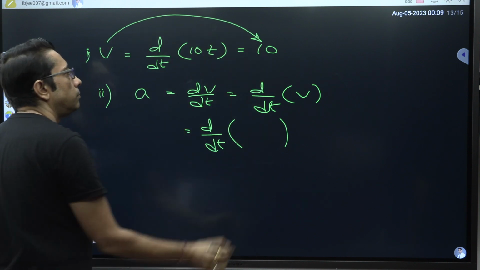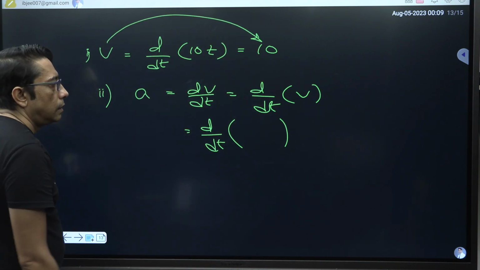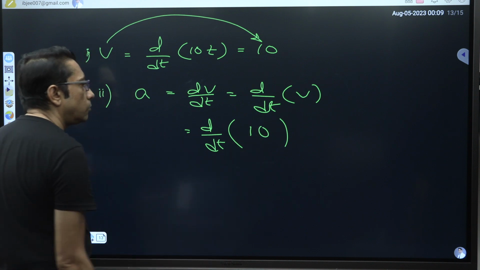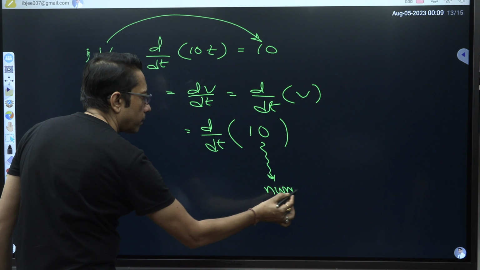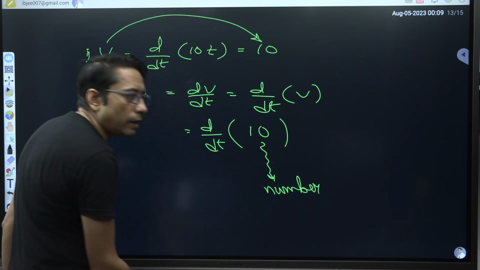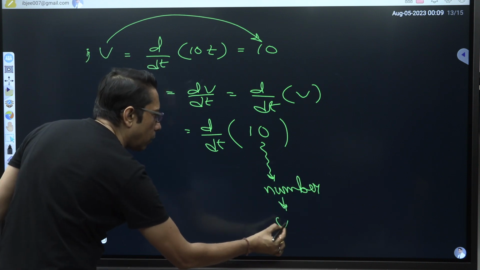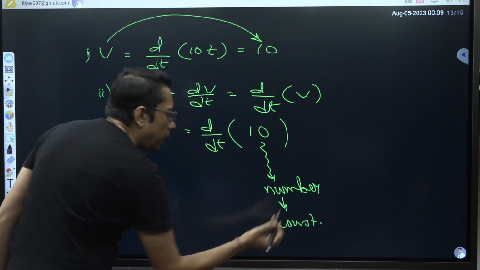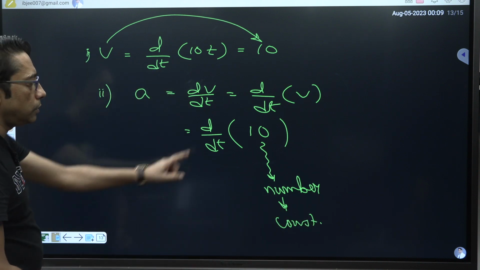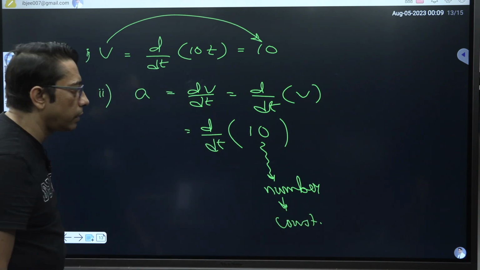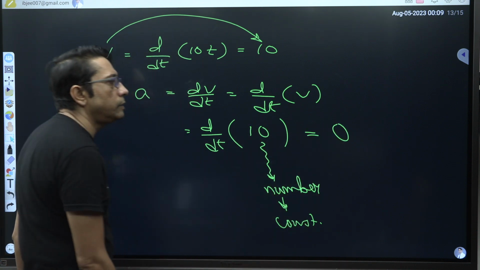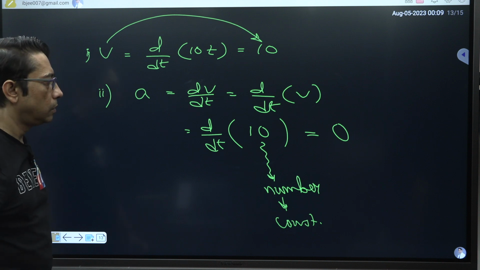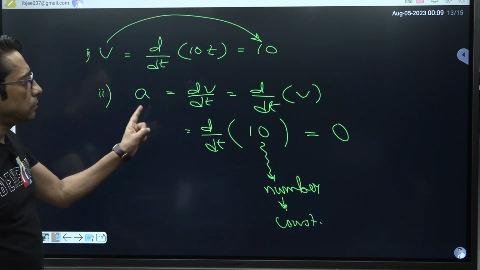Velocity has been 10, so d/dt of 10. Now 10 is a number. Constant, yes. That means it is a constant. And as we saw, the differentiation, rate of change with respect to time, of any constant is not going to change at all. That means its result would be 0. That's why acceleration is 0.